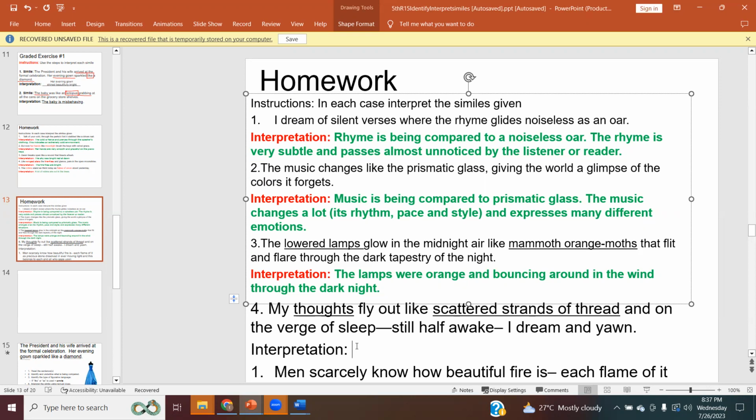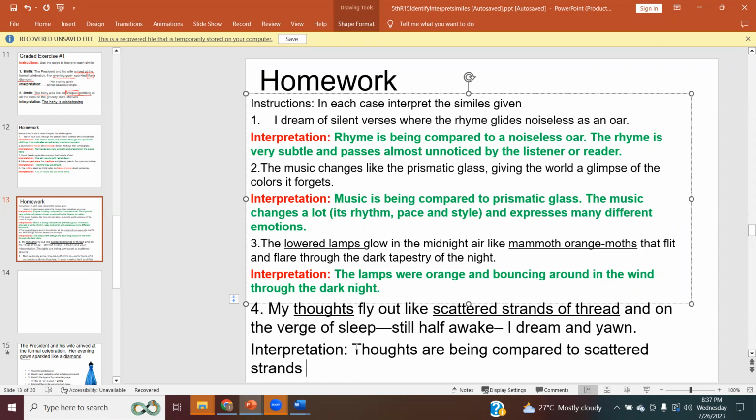I like that. So we can say that thoughts are being compared to scattered strands of thread.